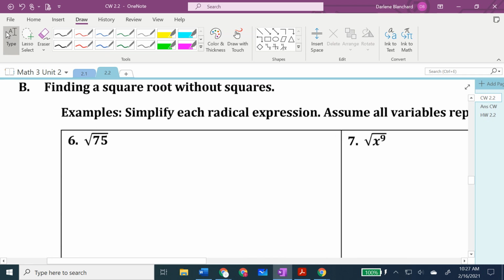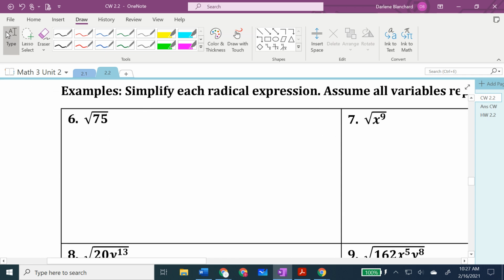If you have the square root of just a number, but it's not a perfect square number, you need to maybe do a factor tree. And I want to say again, if you can do this in your head, feel free to do that if you can quickly come to the answer.